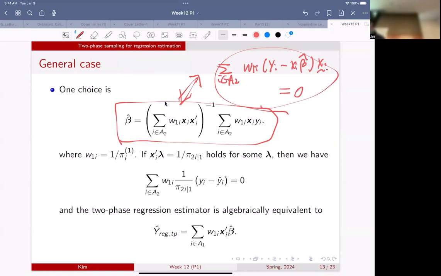And if this holds, that means you can pre-multiply both sides by lambda, okay, to get this and use it.